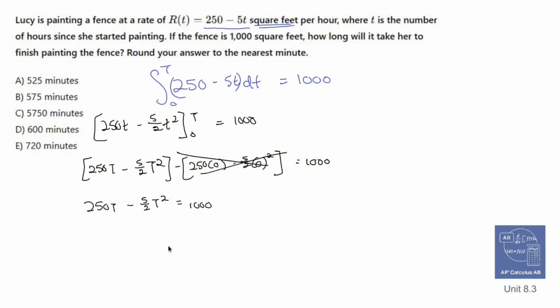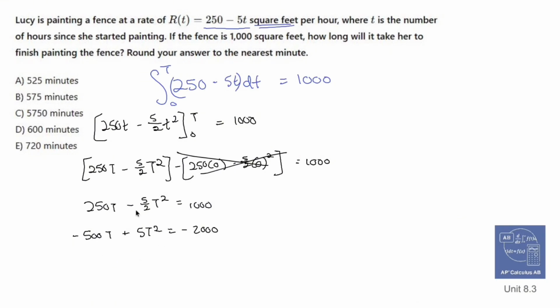All right, so let's do this. Let's multiply everything by negative 2 to get rid of that fraction. So that'll be negative 500t plus 5t squared equals negative 2,000.